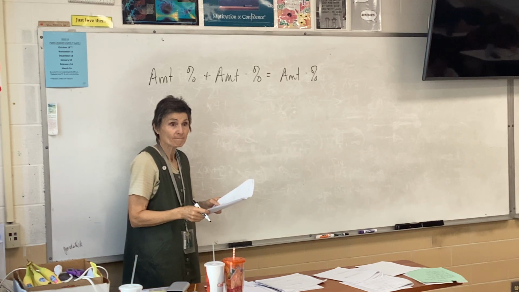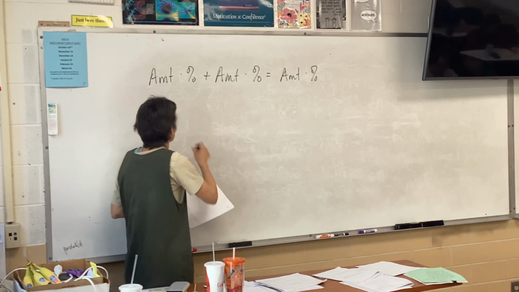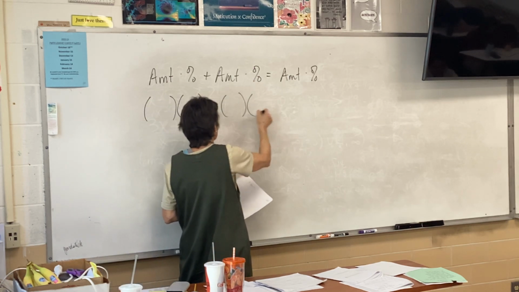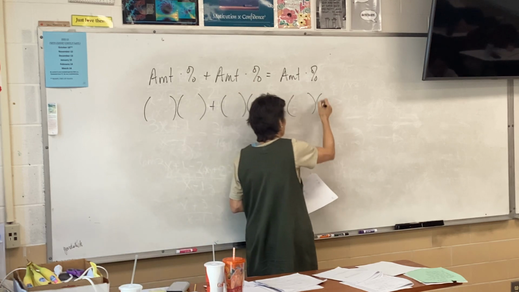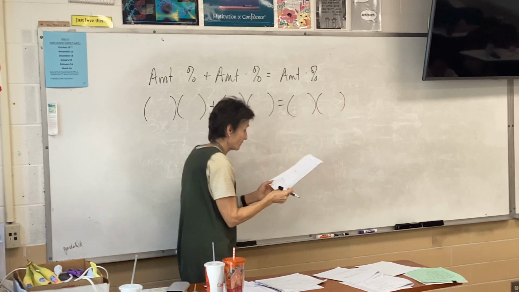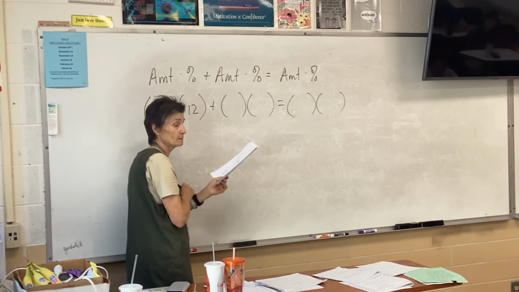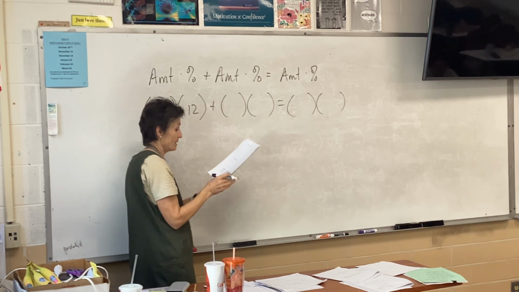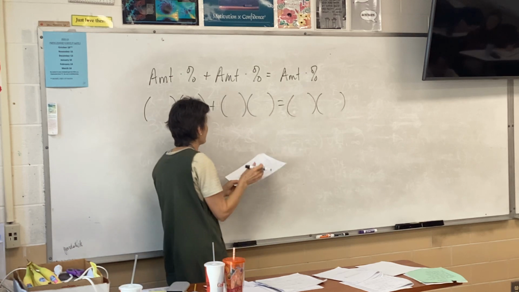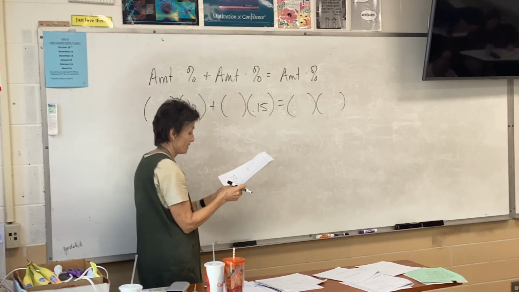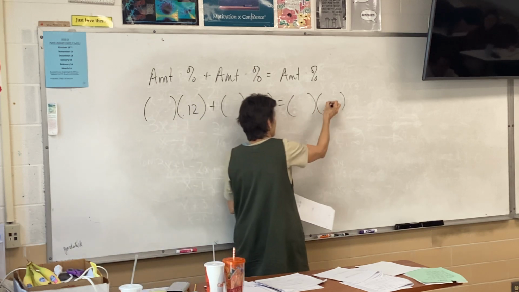Remember that? Those percentages are always going to be given to you, so we should be able to plug in the percentages. How much 12% needs to be added to 5 gallons of 15% to get a 14%?